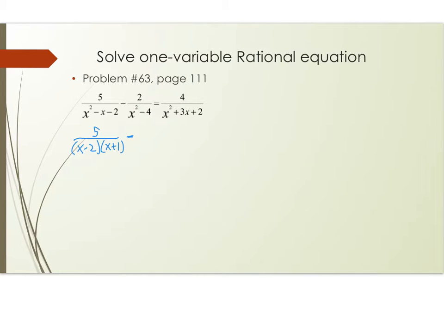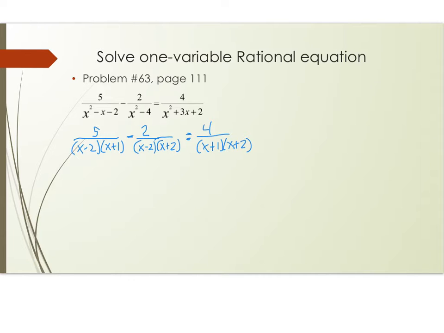And then for this fraction, I'm going to have x minus 2, x plus 2. And then here I'm going to have 4 over x plus 1 times x plus 2. So those are the factors.